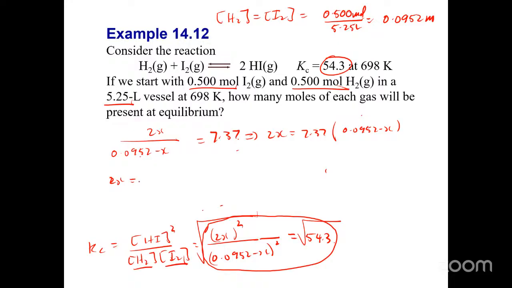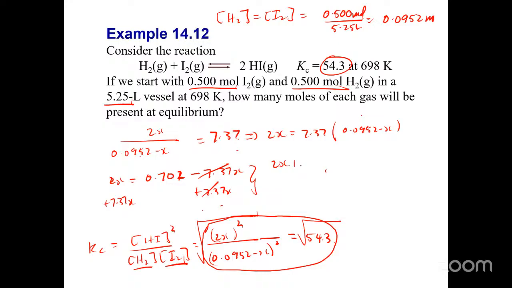This part will work out to be 0.702, and then minus 7.37x. Then what I will do next is add 7.37x to both sides, so that this goes with that.